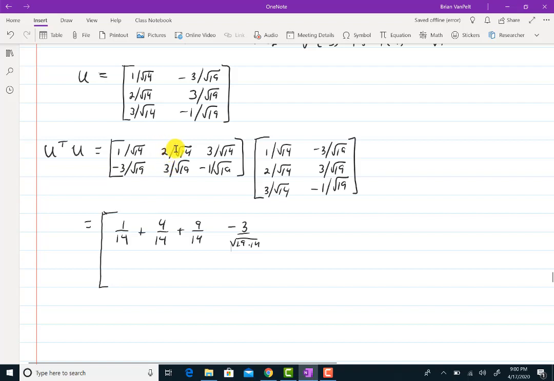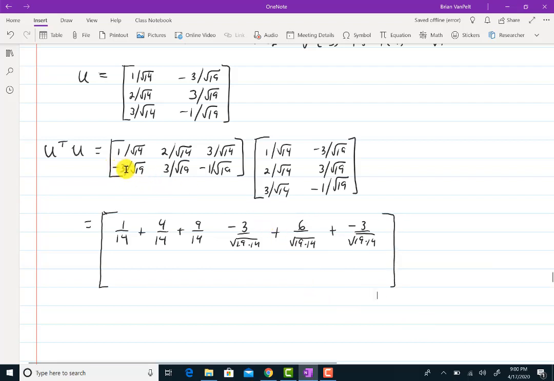I have 2 over radical 14 times 3 over radical 19, so I'll get plus 6 over radical 19 times radical 14, plus, and then finally I'll have 3 over radical 14 times negative 1 over radical 19, so I'll get negative 3 over radical 19 times 14.